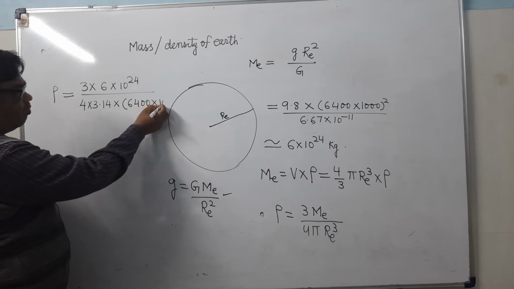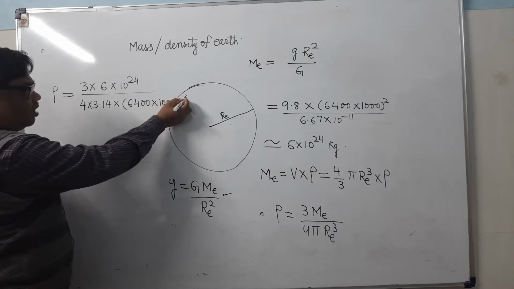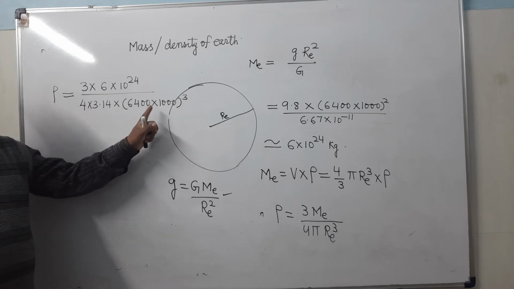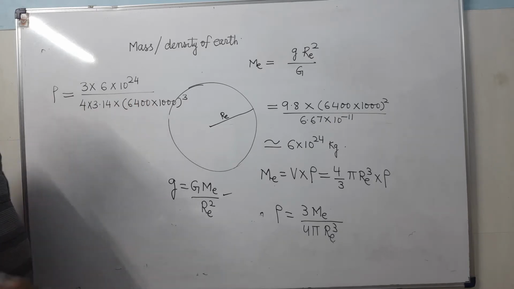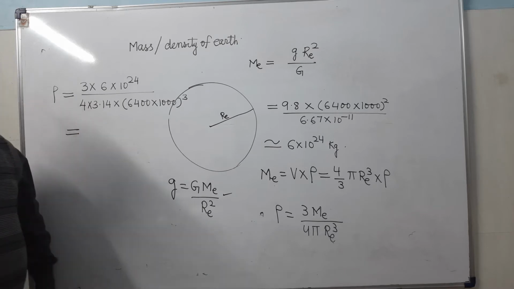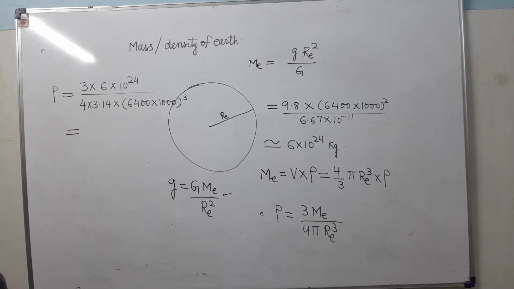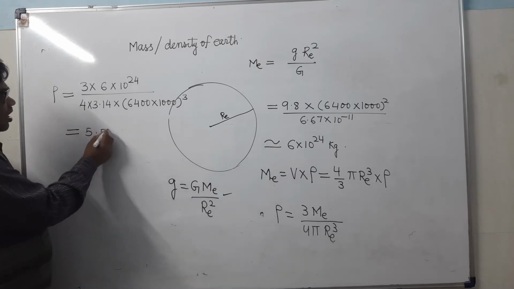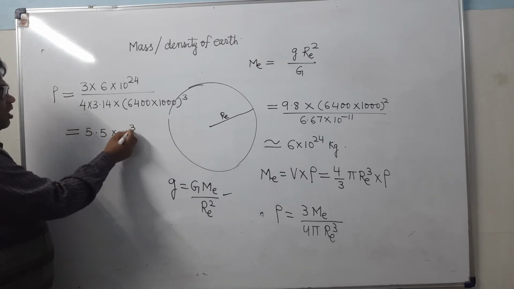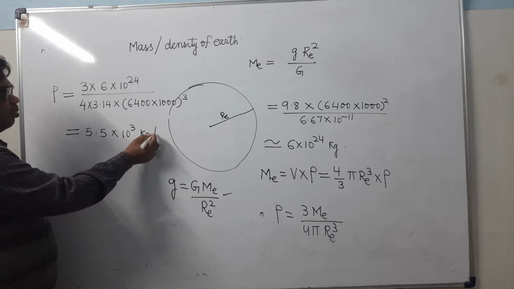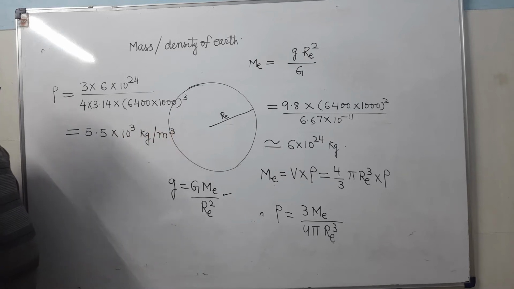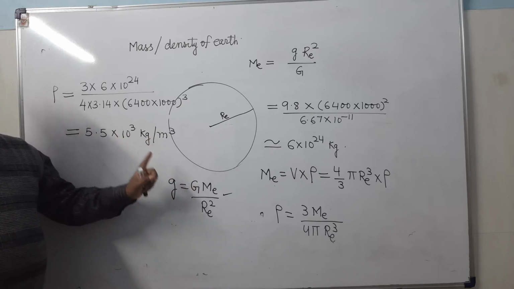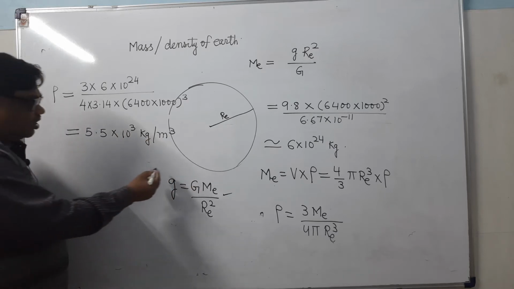You will multiply by 1000 to convert kilometer into meter and then cube. So it will come out nearly equal to 5.5 into 10 to the power 3 kg per meter cube. So in this way, we can calculate the mass of the earth and density of the earth by using this formula.